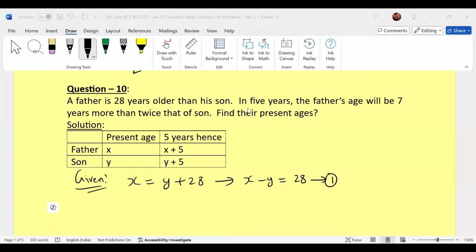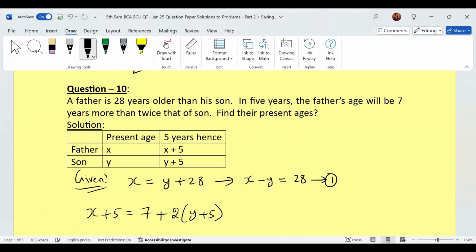Then the question says in 5 years, the father's age. After 5 years, the father's age is X plus 5. That is, it will be 7 years more than, means 7 plus twice that of son. So 2 times of y plus 5. This we will simplify it as x plus 5 is equal to 7 plus 2y plus 10.